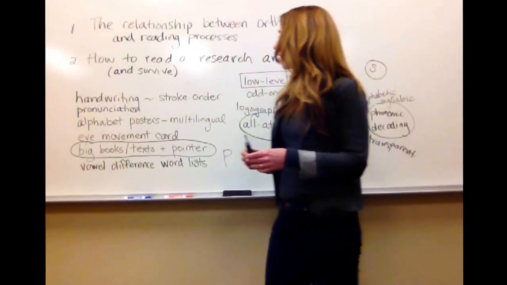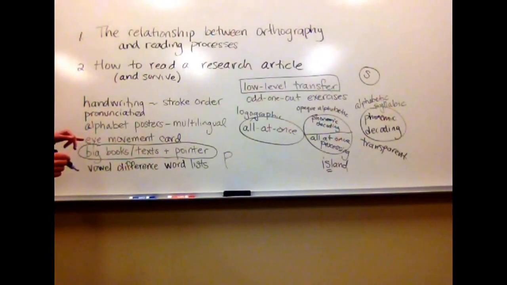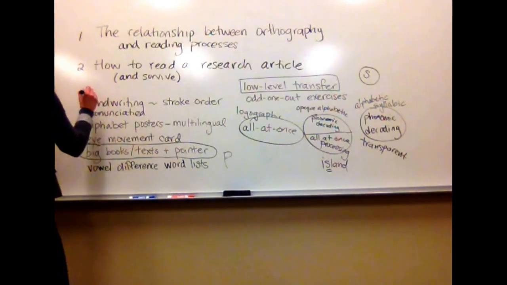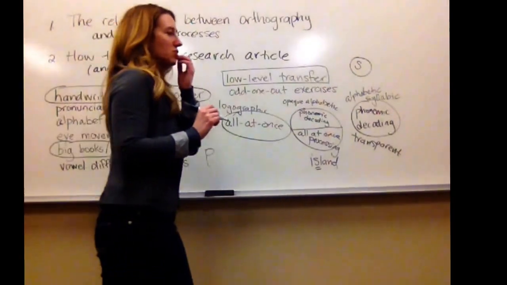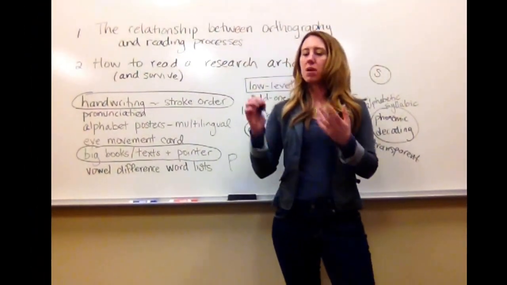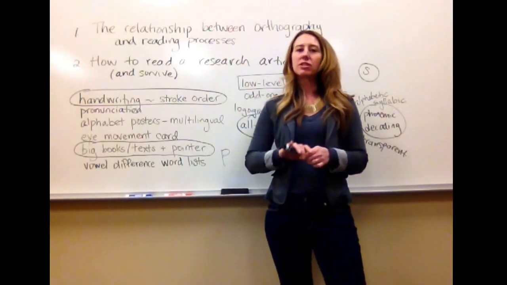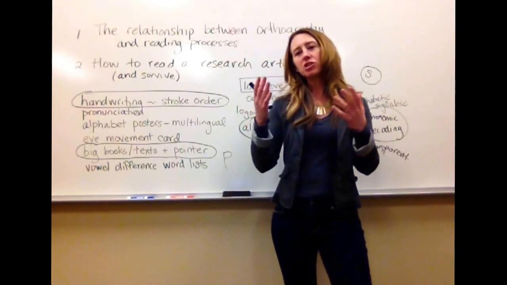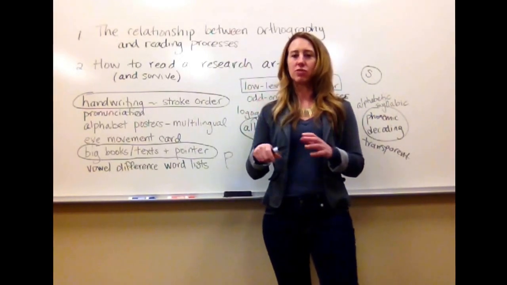Okay. Other things. Okay, let's talk about handwriting stroke order. So one thing you might not have thought about too much before today, maybe before you saw the handouts, is that English is written in a certain stroke order. And you actually would have been taught this in preschool or kindergarten or first grade.